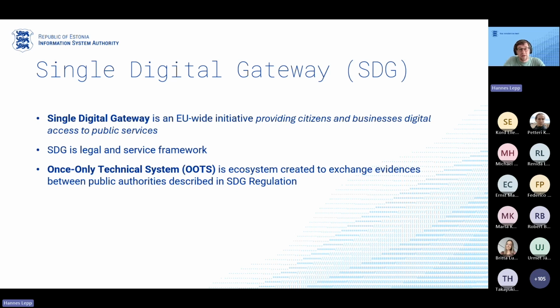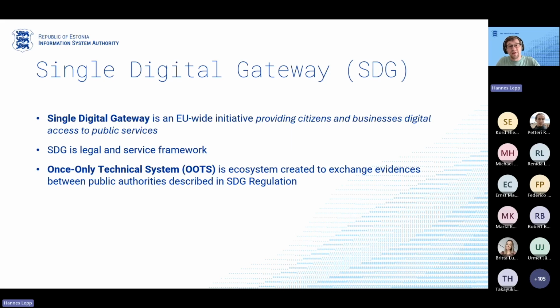The SDG also requires that users must be able to complete these procedures cross-border. So the SDG is essentially a legal and service framework.